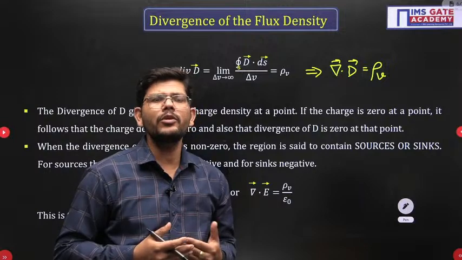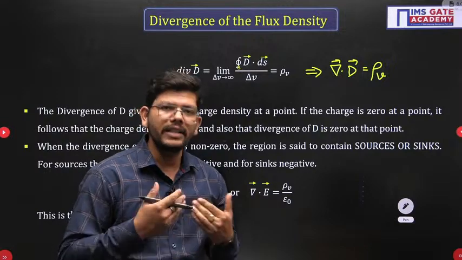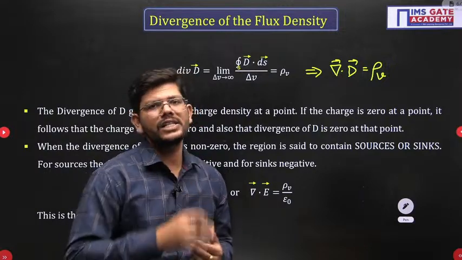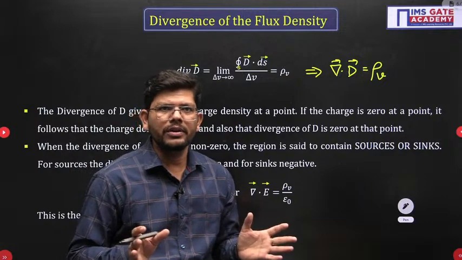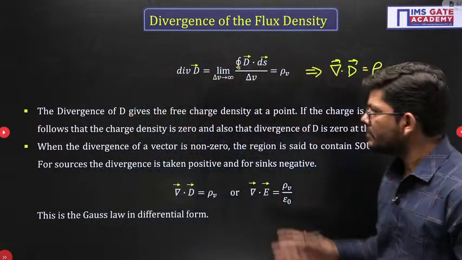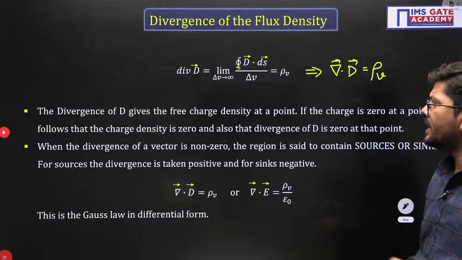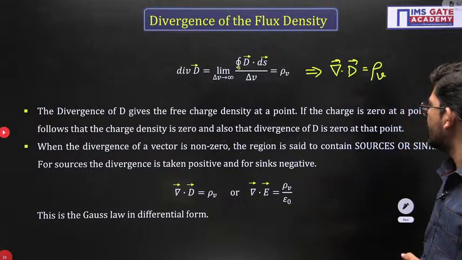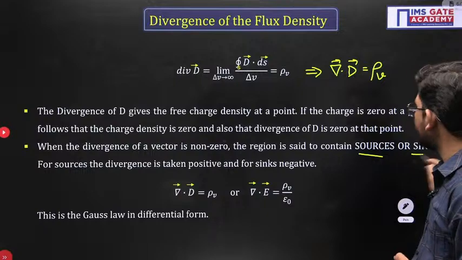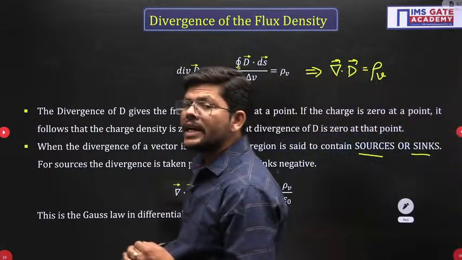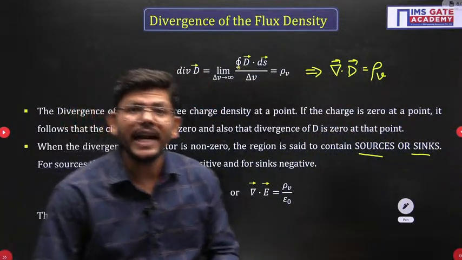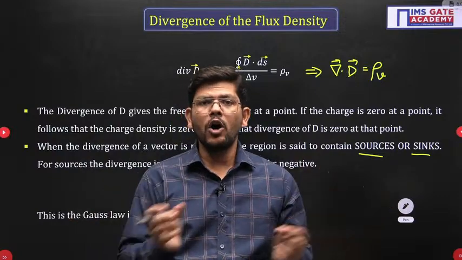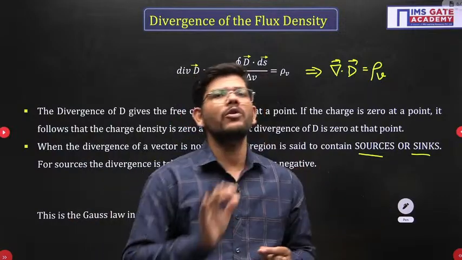So the divergence of D will give us something that depends upon whether there is any charge enclosed or not by the surface. When the divergence of a vector is non-zero, the region is said to contain either a source or a sink, isn't it? What is divergence? Divergence is basically the net outward flow of the flux related to that particular quantity.